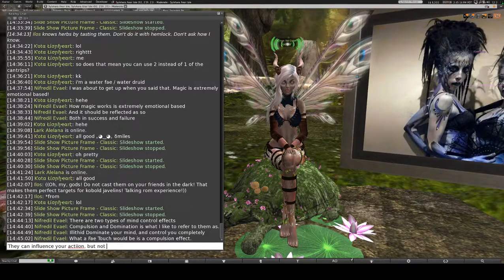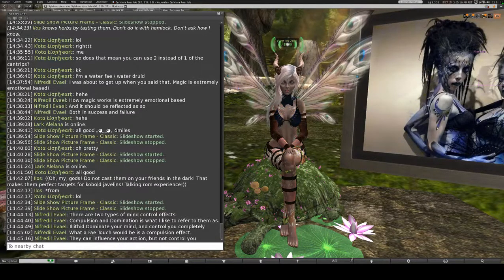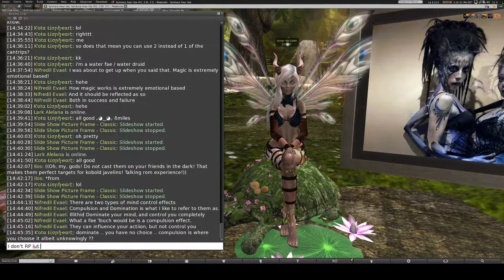But I would think that the domination would be the stronger of the two anyway. Right. So if you have a resistance to the illithid, I would assume that you would have the resistance to the Fae. Do you see what I'm saying?